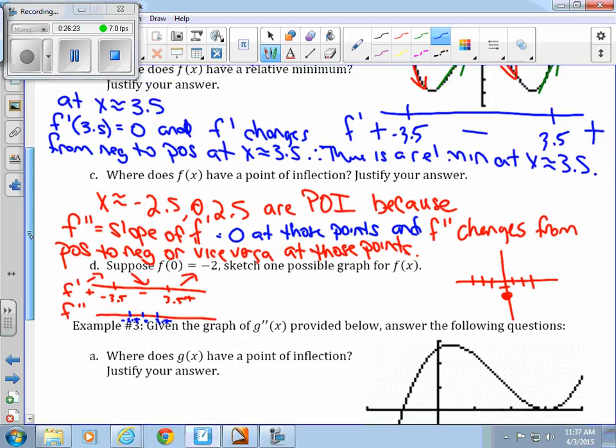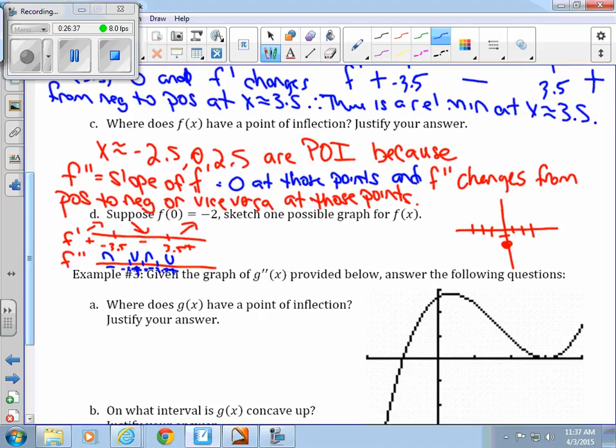My slope of f prime is negative, then positive, then negative, then positive. So I'm concave down, concave up, concave down, concave up. This piece is not necessary. It's just helpful in knowing what I'm about to try to draw. So at 0, where that point is, I do have a change in concavity. On the left, I'm decreasing in concave up, and on the right, I'm decreasing in concave down.